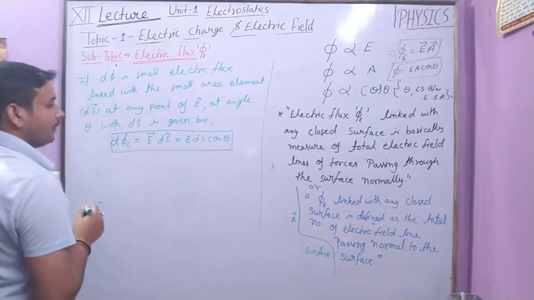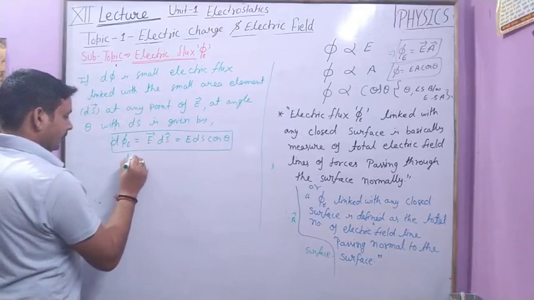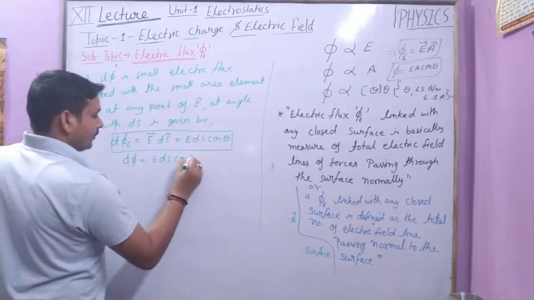Okay, that is d phi equals E dS cos theta.